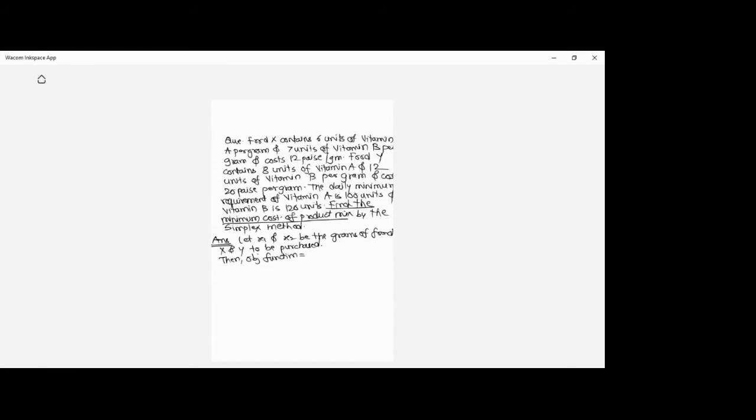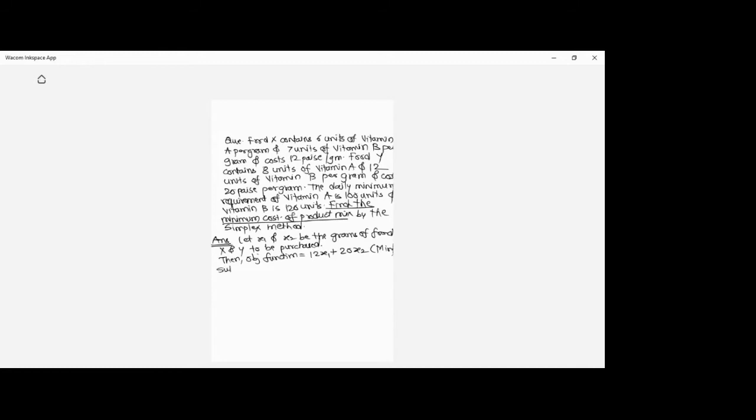The cost of food X is 12 paise, so 12 X1, and that of food Y is 20 paise, so it is 20 X2. 12 X1 plus 20 X2 will be your objective function, and what we have to do is minimize this particular thing.